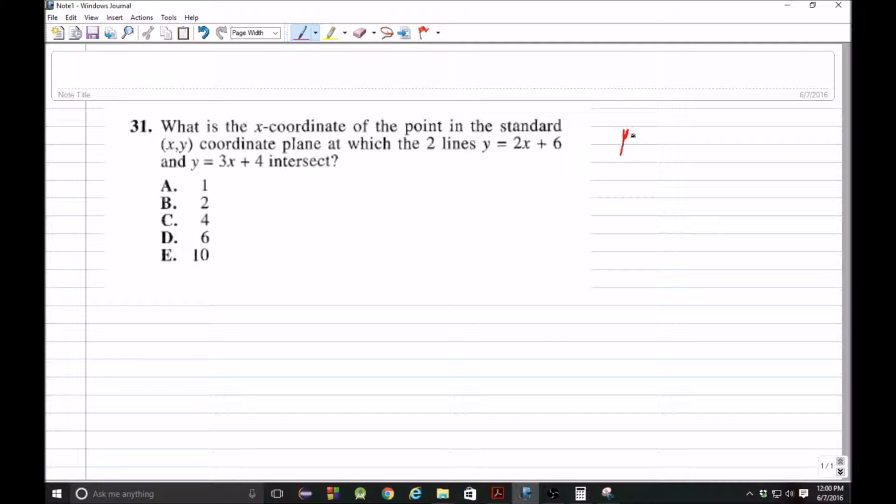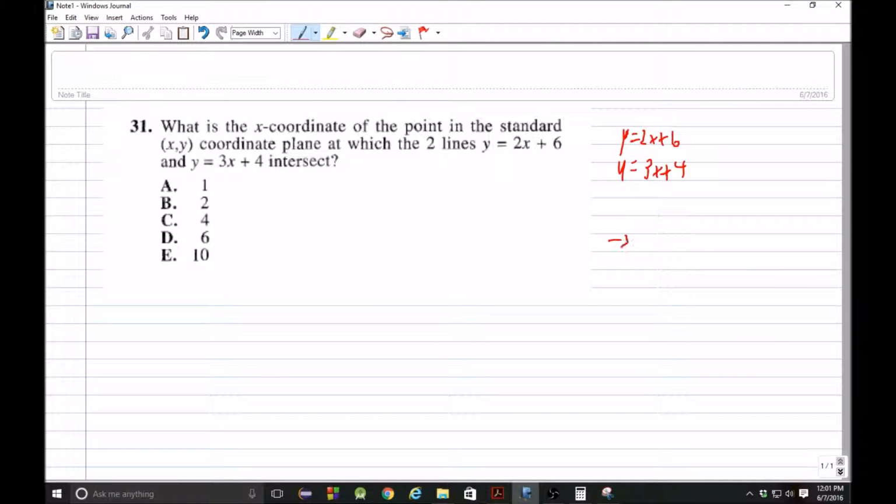So we have y equals 2x plus 6 and y equals 3x plus 4. We need to make a system of equations. So what we do is we subtract x from this side and put it on the other side.